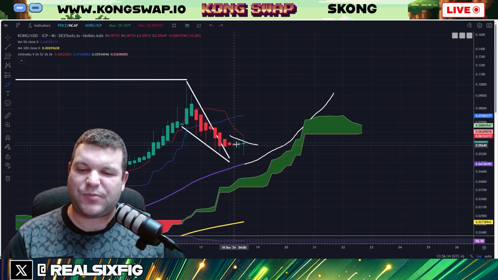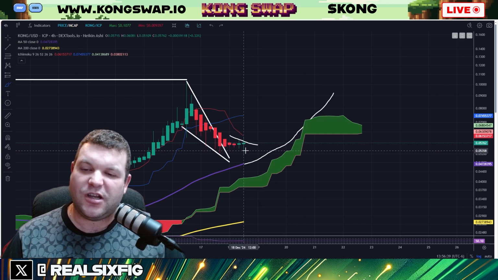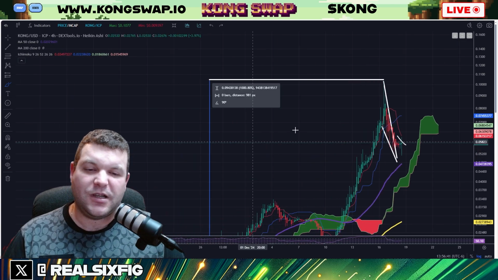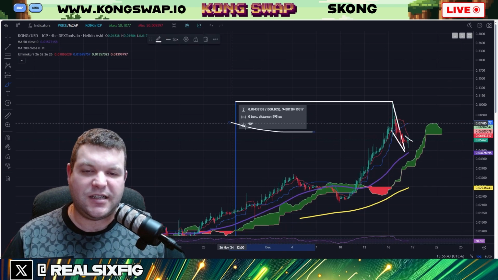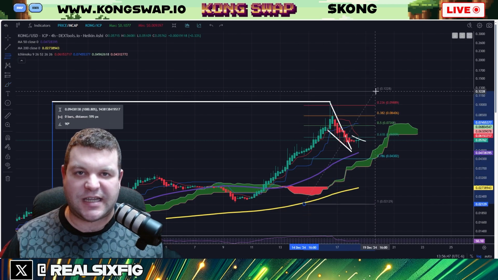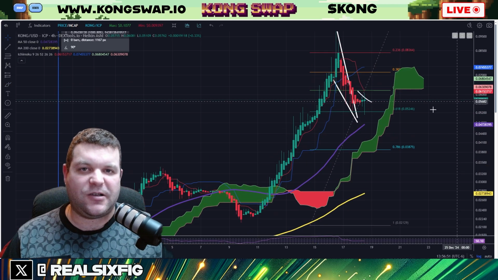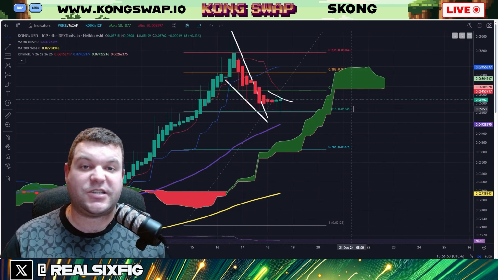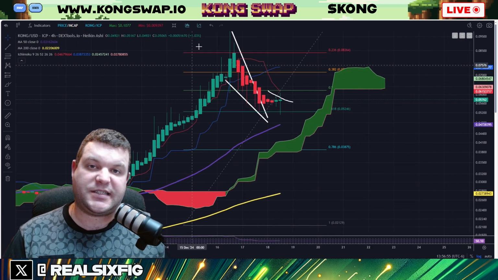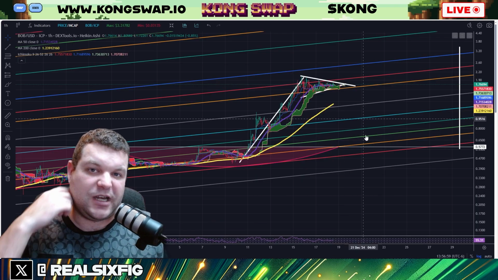But we're seeing lots of spinning tops here, which indicates that there could be a change in momentum. So Kongswap, I would love to see this thing really start to cook back to the upside. I mean, realistically, this thing retraced right down to the golden ratio, which is not surprising at all. This is a healthy retracement, in my own opinion, not financial or trading advice.